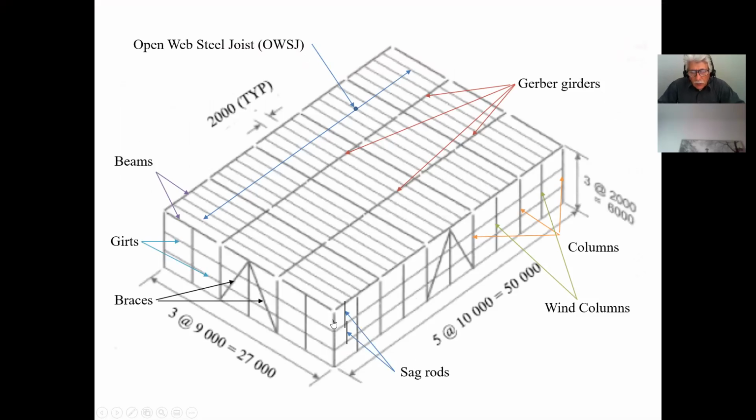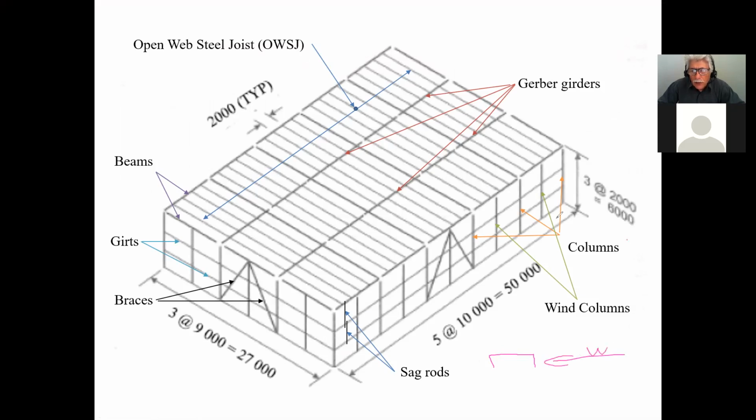What happens is that when you put these members down, let me give you an appreciation of what's happening. These are normally channels that we use to create the girts, and the channel is always placed with the strong axis perpendicular to the wind.